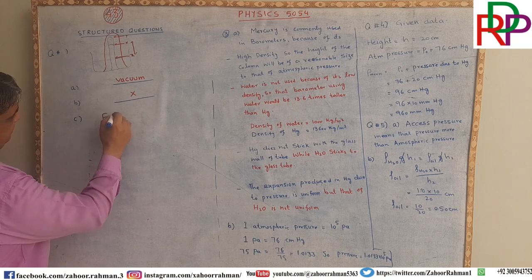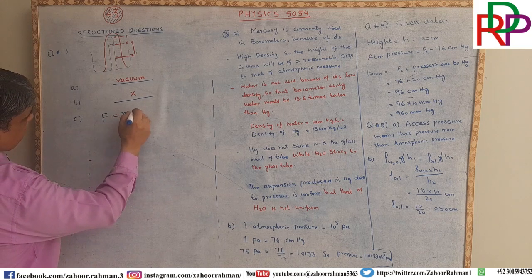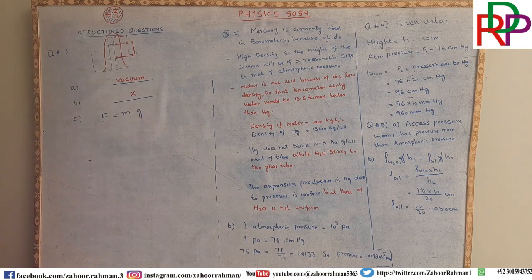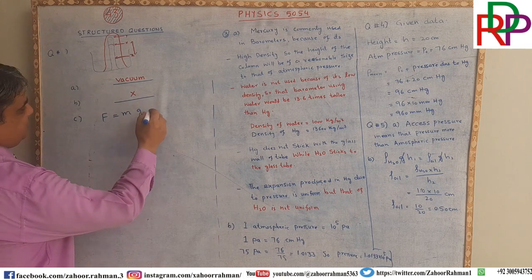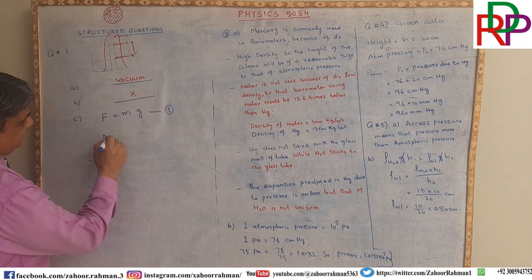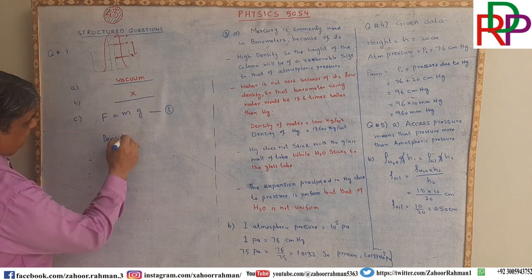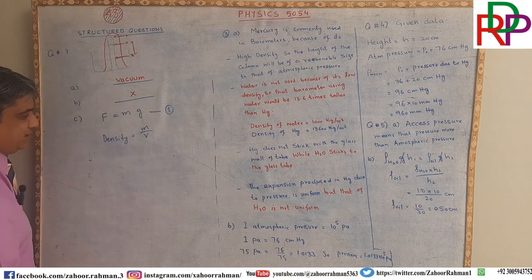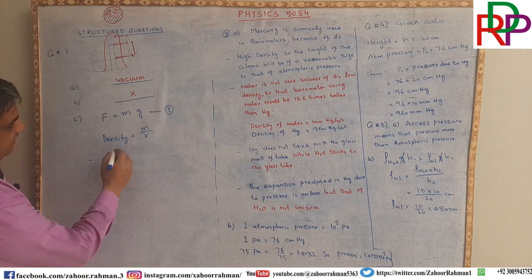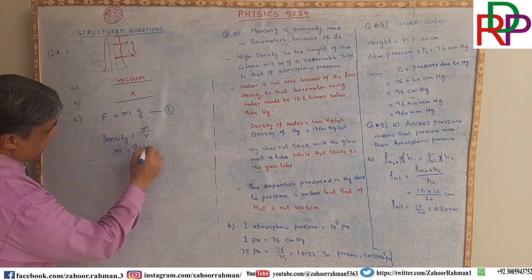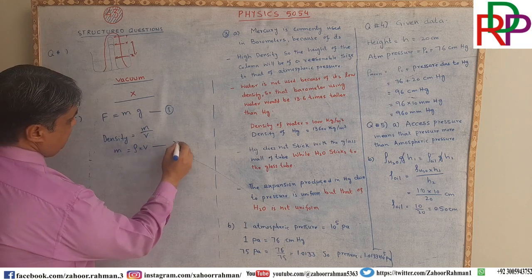As we know that F is equal to M cross G, we should write it as MG. This is equation number 1, and we know that density is equal to mass per unit volume. Now mass is equal to density into volume.